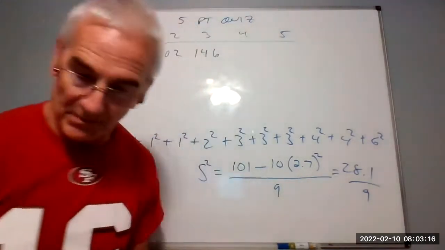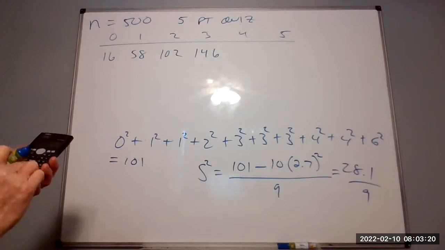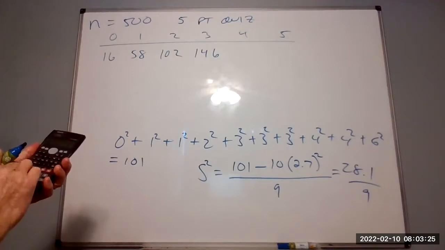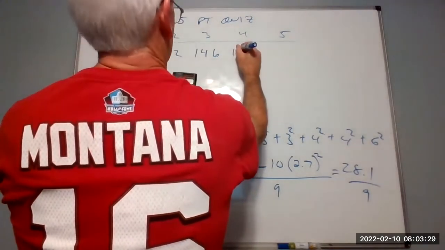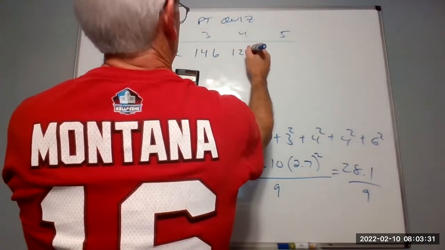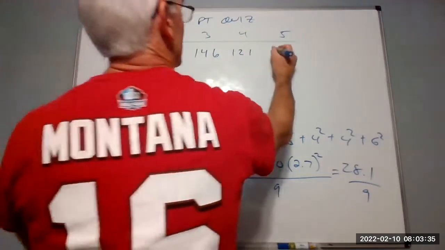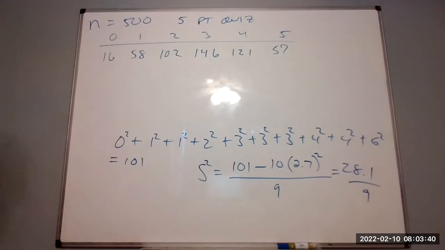And 121 got this score. And 57 got this score. Okay, I have 500 students who took a 5-point quiz and these were the scores.